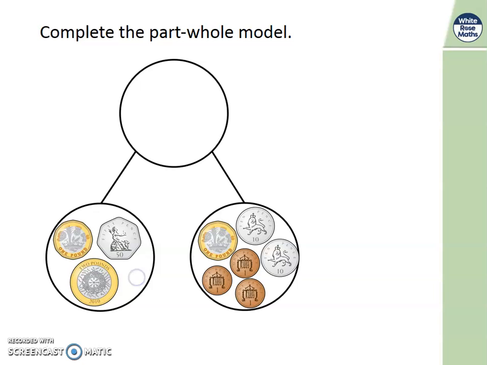Let's complete this part-whole model. Here we have a part and this part, and we want to add them together to get the total in the top. Where should I start? That's right. Let's add up our pounds. So we have £2 and £1 is £3, and one more pound. That makes £4.